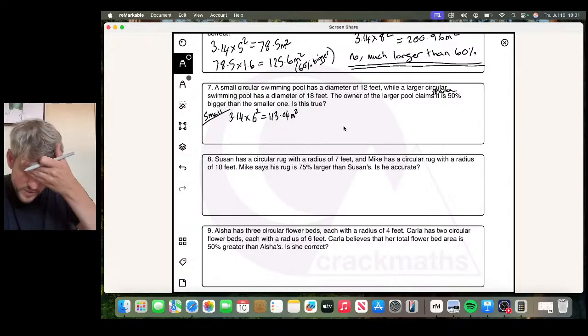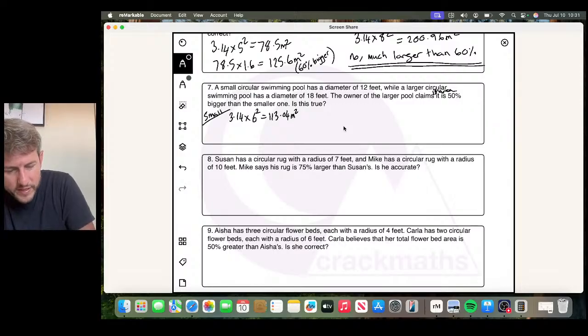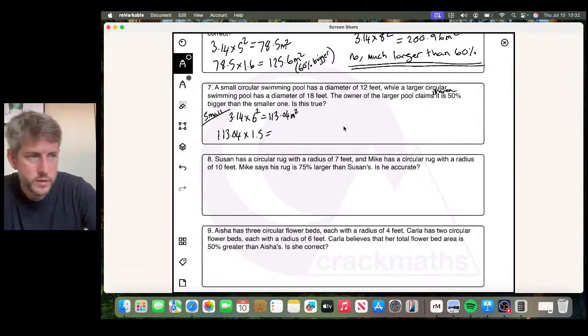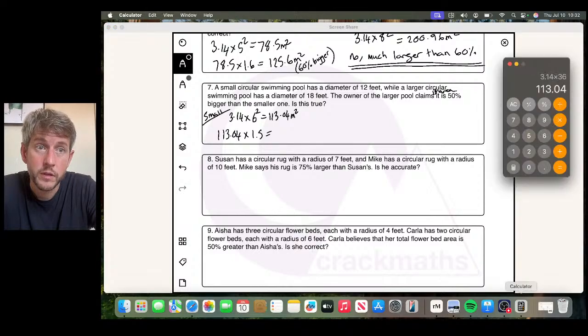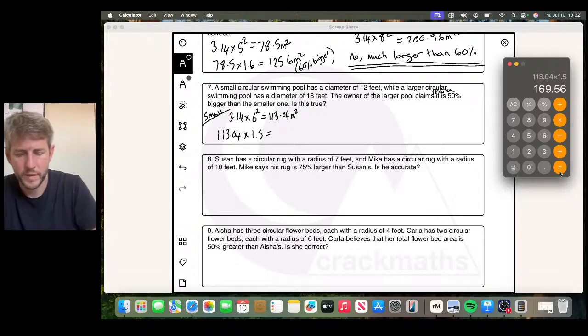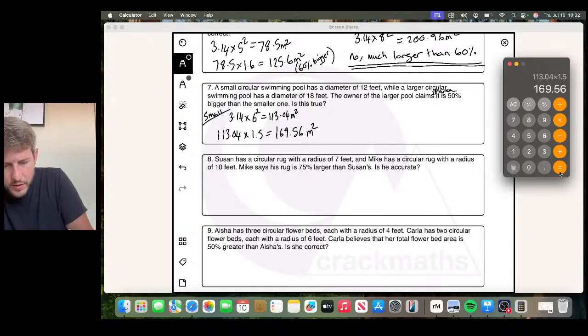Okay, so here we go. So we've got 3.14 times this, and then we need to increase this by 50%, so we can times that by 1.5. 113.04 times 1.5 equals this. Okay, so that's the area of the small pool plus 50%.